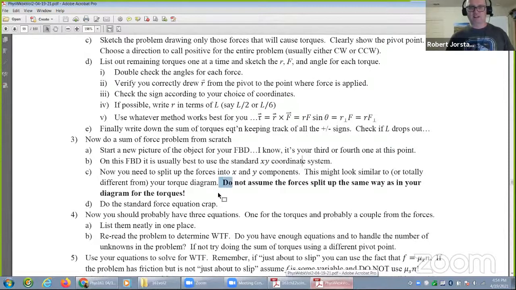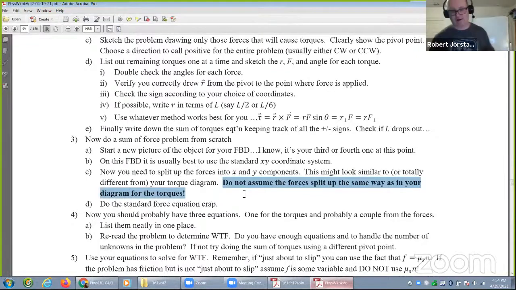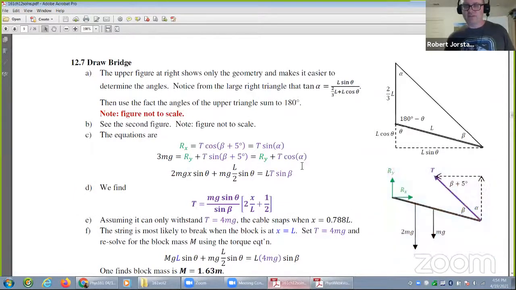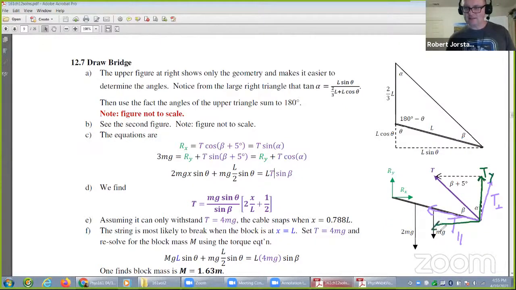And this is why I'm saying, do not assume the forces are going to split up the same way they would in your torque diagram. Let me show you that again. If you were doing this problem as a torque, there would be a tension parallel and a tension perpendicular to the rod. But that's not the same as tension in the Y and tension in the X, right?